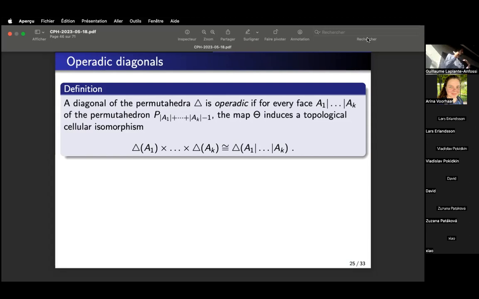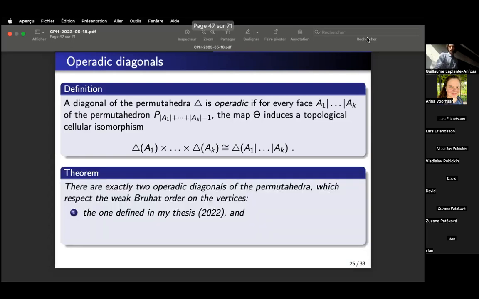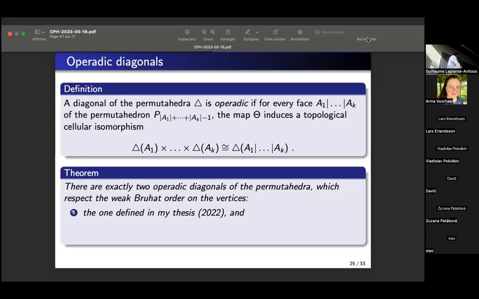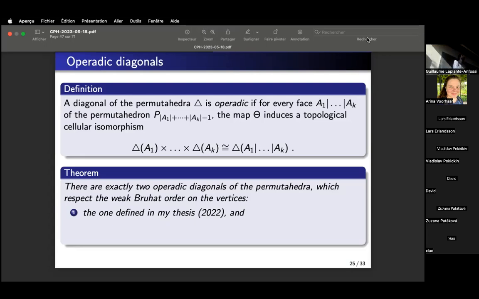Well, basically, you want the choice of diagonals to respect this coherent face structure that the permutahedra have. And our theorem, which is quite unexpected, to me at least, is that there are actually only 2 such diagonals, which respect the weak Bruhat order on the vertices.